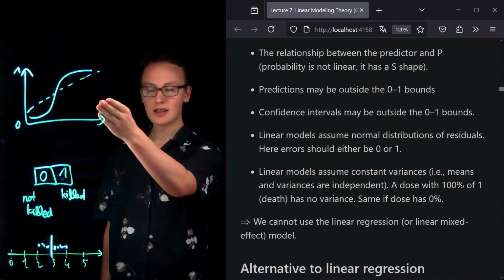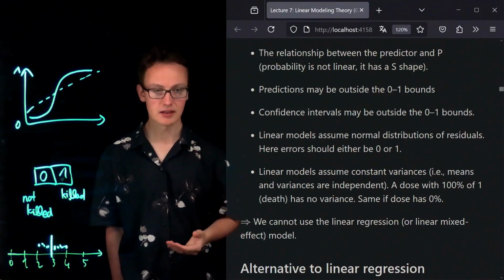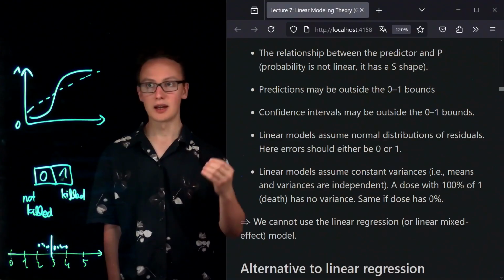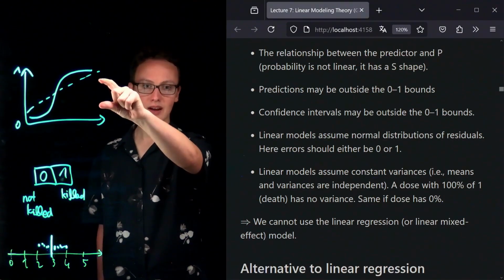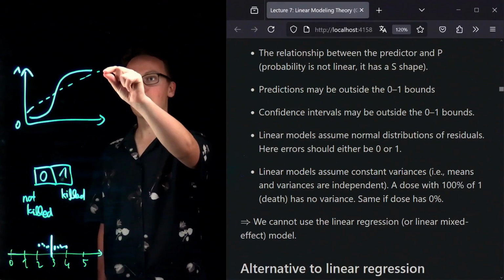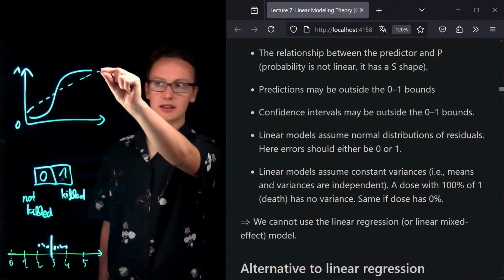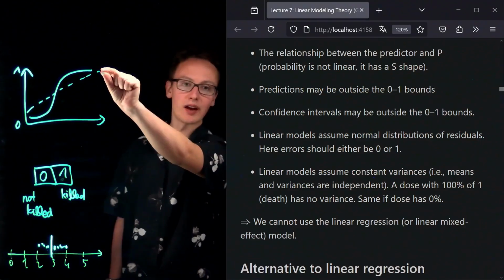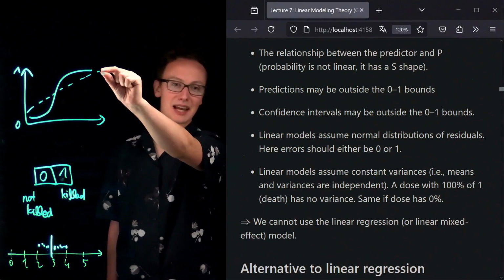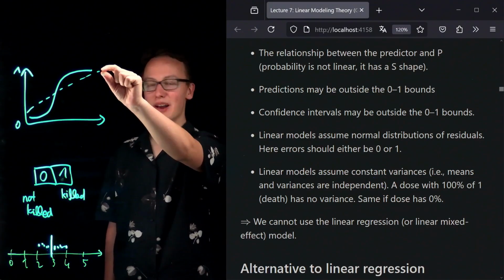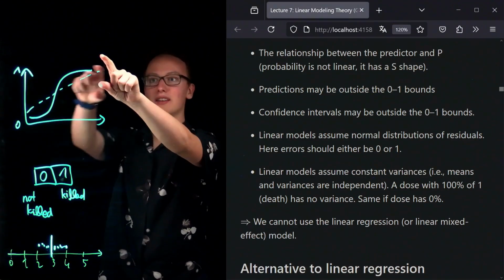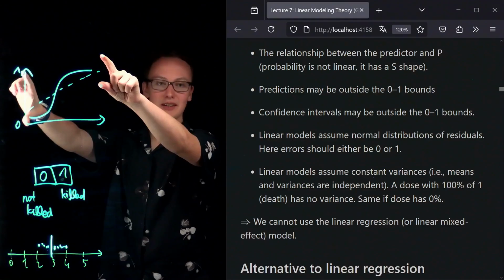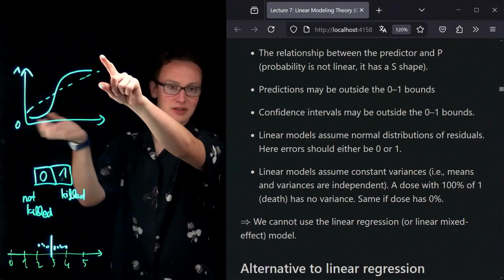But we can clearly see here with these proportions of deaths that that is not the case. Meaning that if we are somewhere in the middle, okay, we can have some variance. But if we are at a dose with 100% deaths, there has to be zero variance, because if I allow that there is variance, then I'm again outside of the bounds of my 1 to 0 interval, right? Which is the only interval on which the proportions are defined.